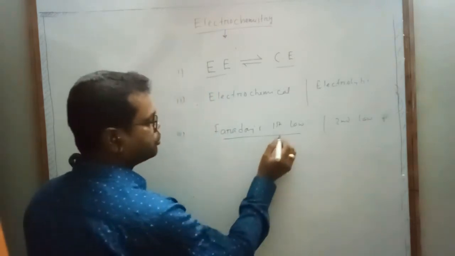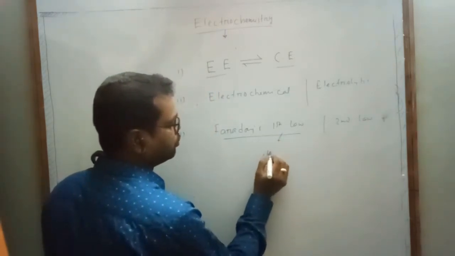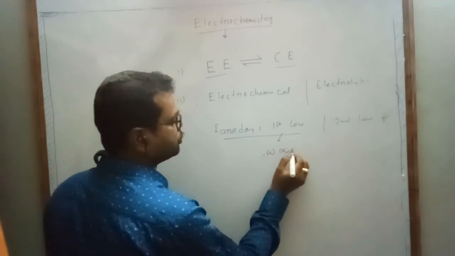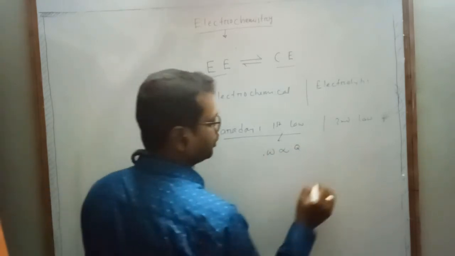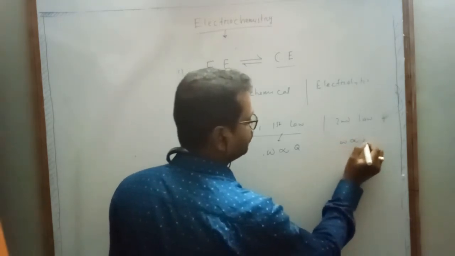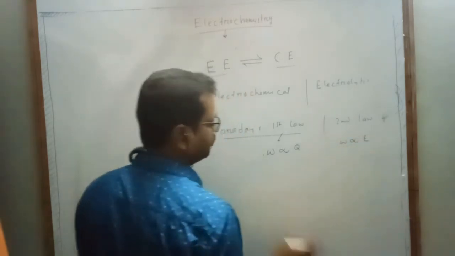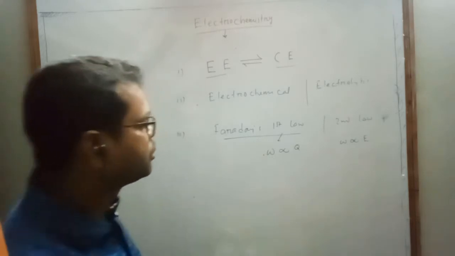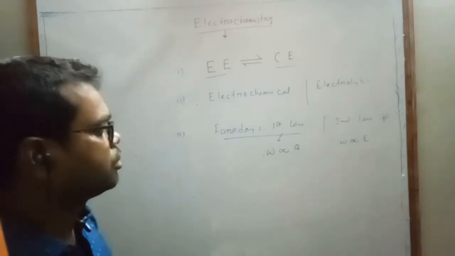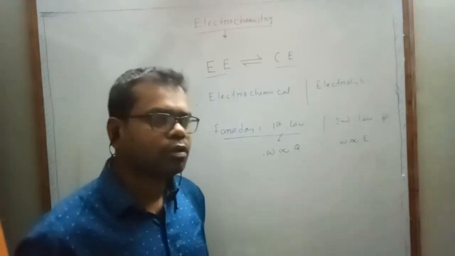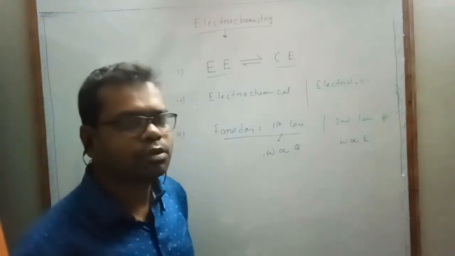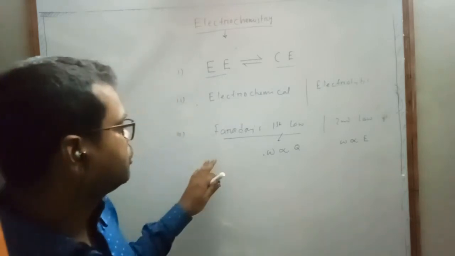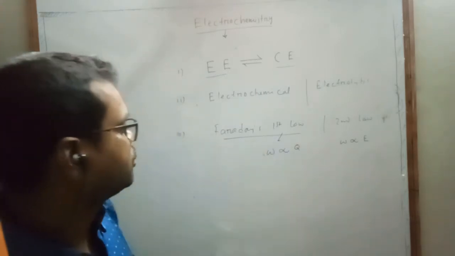Faraday's first law is that W is proportional to Q, and the second law is that W is proportional to E. First law, W equal to ZIT. Second law is actually W1 by E1 is W2 by E2 is equal to W3 by E3. So this is Faraday's first law, this is Faraday's second law.